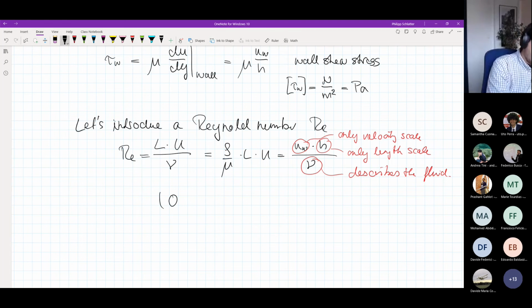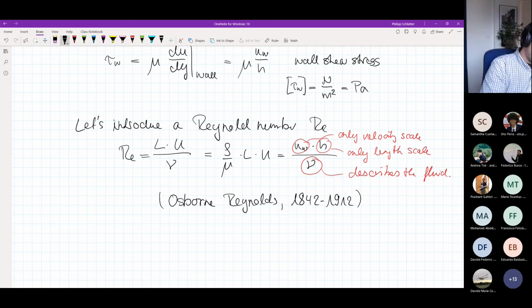Also here, some quick historical background. The Reynolds number goes back to a person called Osborne Reynolds, who lived 1842 to 1912.